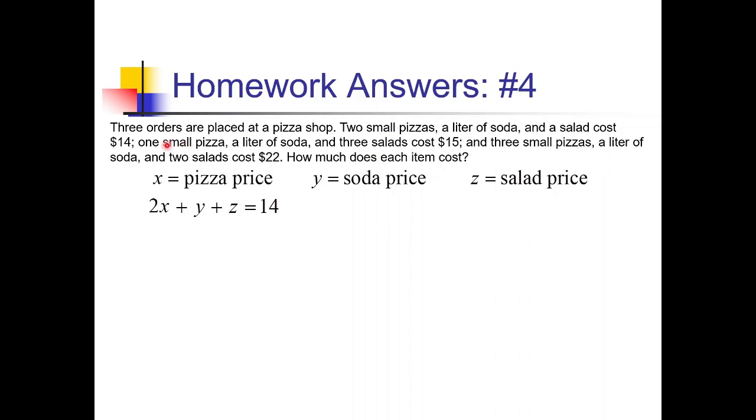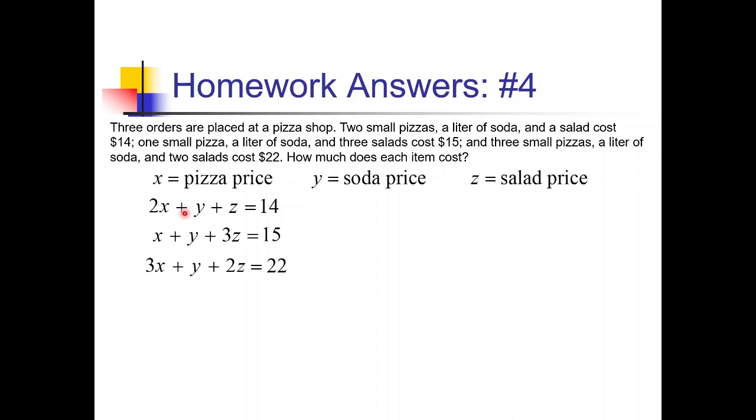So we have 1 small pizza, so X, plus a liter of soda, plus Y, and 3 salads, that's plus 3Z, equals $15. And then finally, the last set, we have 3 pizzas, so 3X, a liter of soda, still have a plus Y there. Apparently no one wants more than a liter of soda. It's probably better off that way anyway. And then we have 2 salads, plus 2Z, costs $22, so 22.